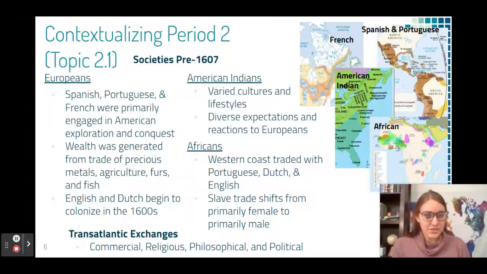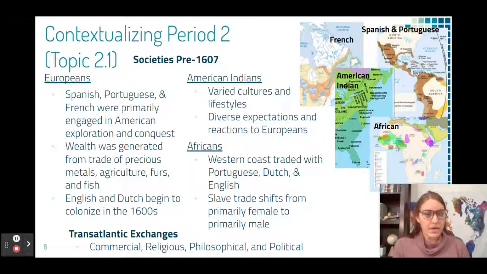And then there's a variety of reasons for their colonization efforts: gold, God, glory. American Indians had varied cultures and lifestyles and had very different expectations and reactions to the Europeans when they came to the Americas. And Africans, especially along the coastal regions, were having trade networks with Europeans.